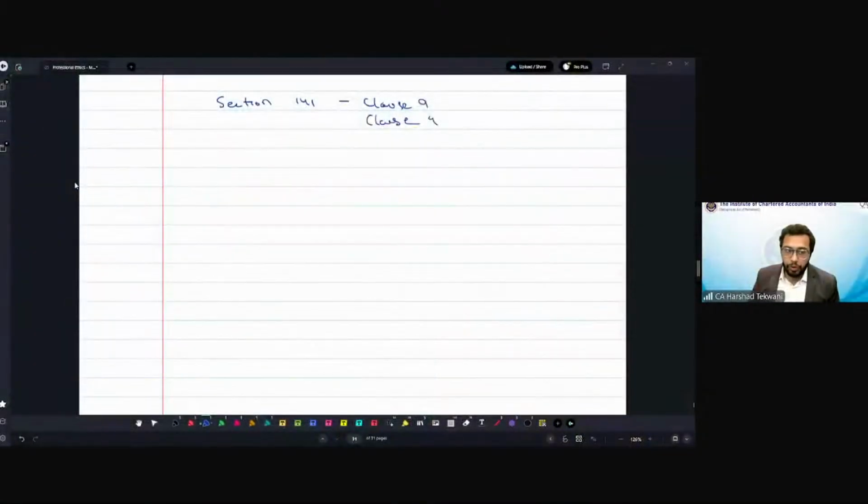Now we will shift to clause 5. Clause 5 till clause 9, they are somewhat related. So let's discuss these clauses in detail.